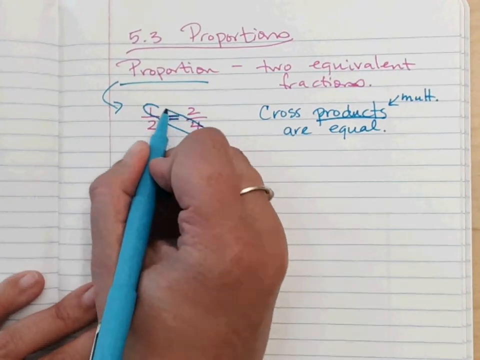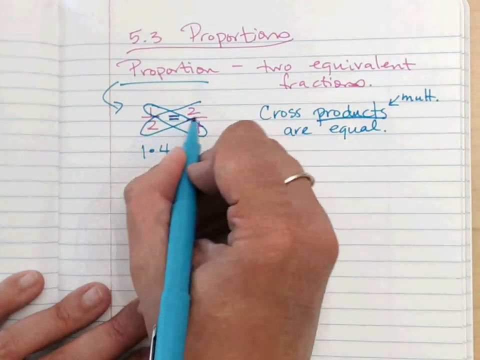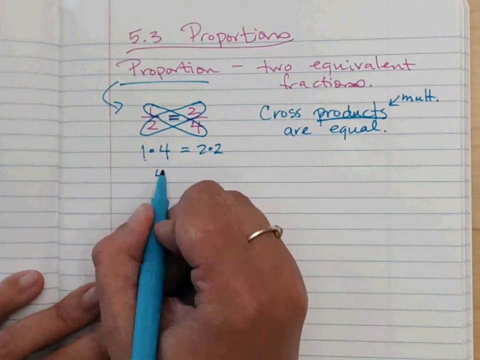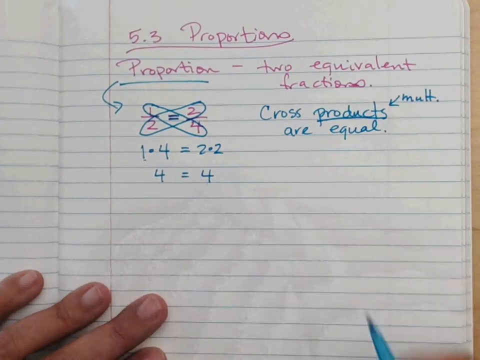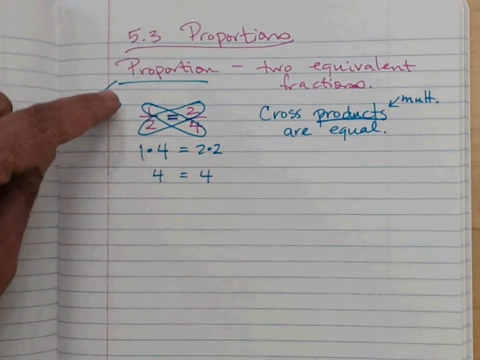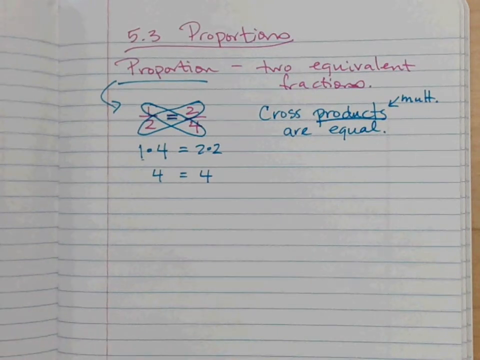So 1 times 4 is equal to 2 times 2. And that's actually true. 1 times 4 is 4. 2 times 2 is also 4. So that's a really great thing to know about equivalent fractions, that their cross products are always equal. And that actually helps us to set up proportions for solving, which we're going to do in a moment.